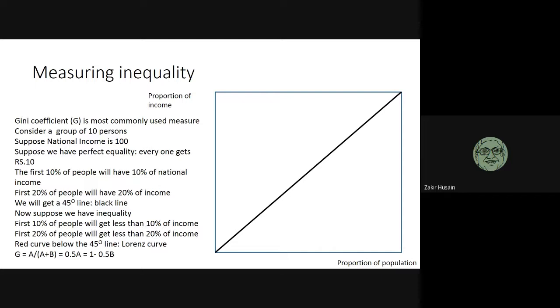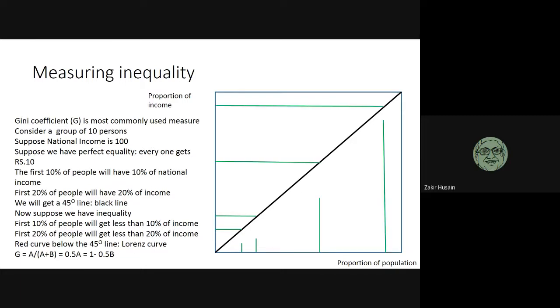Now suppose we have inequality. We take 10% of the people, but they enjoy less than 10% of the national income. We take 20% of the population, but they have less than 20% of the income. Okay.